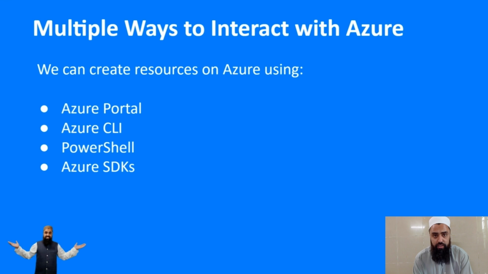So these are the four ways to interact with Azure. We can use any of these to build resources on the cloud, on Azure. The most frequent is definitely Azure Portal. We have Azure CLI, PowerShell, and SDKs.